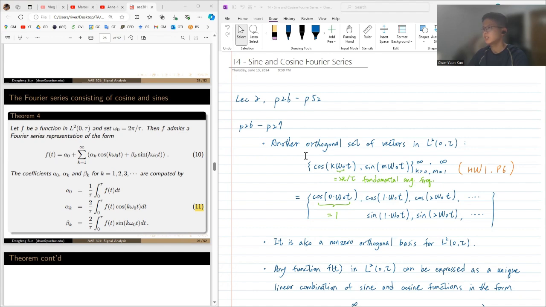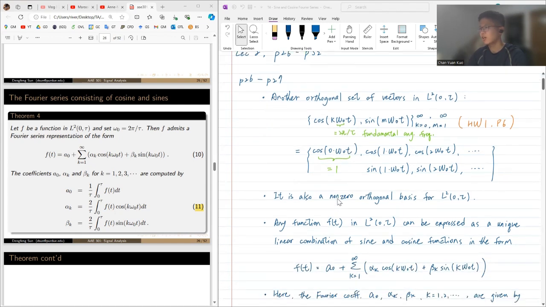This set is a set consisting of cosines and sines. And also, I've asked you to show that this set of vectors is an orthogonal set of vectors in the Lebesgue space. It turns out that this set of vectors is also a non-zero orthogonal basis for the Lebesgue space.